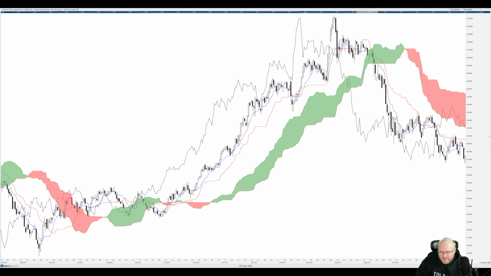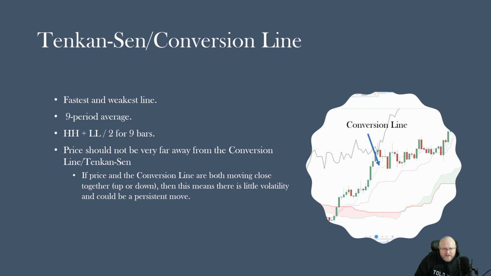We're going to start off with the fastest one, or the weakest level. That is the conversion line. Now, the conversion line, or the Tenkan Sen, is a 9-period average. Instead of a normal moving average, where a standard or simple moving average takes the close of a certain number of periods, averages those numbers together, and plots the line, in Ichimoku it doesn't do that.